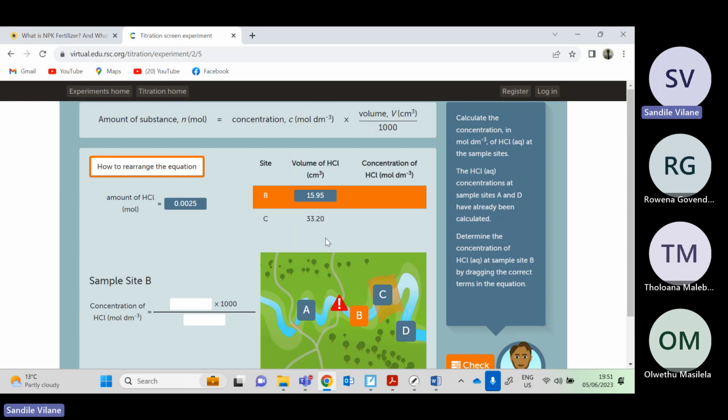Now, what do they want you to do? Now, what do they want us to find? Concentration is equal to the number of moles multiplied by 1,000, divided by the volume.